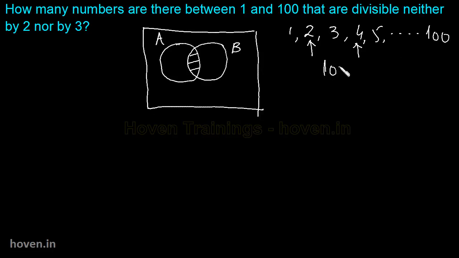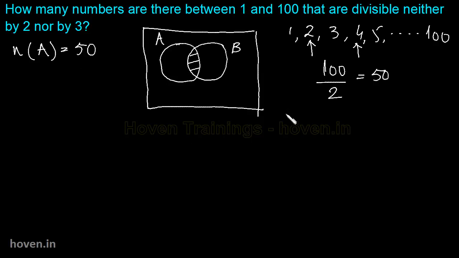We can find out by writing 100 by 2 equal to 50. So we can say that N(A) is equal to 50. This represents all those numbers that are divisible at least by 2, because some of these would be divisible by 3 also.